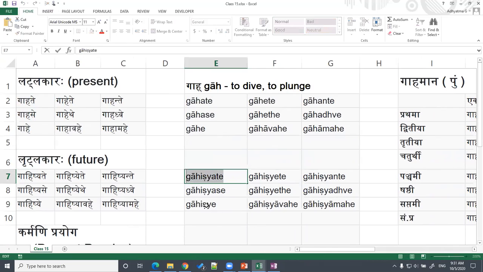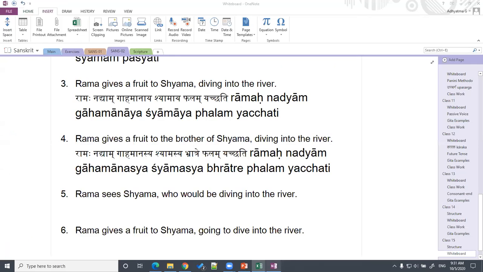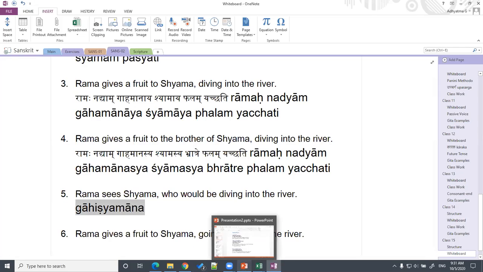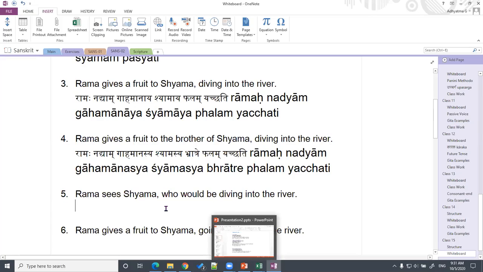So gahishyate, you will take, and instead of te, you will add mana, gahishyamana. So that's how the word will become gahishyamana. So we'll use this word gahishyamana. Gahishyamana means one who would be diving.